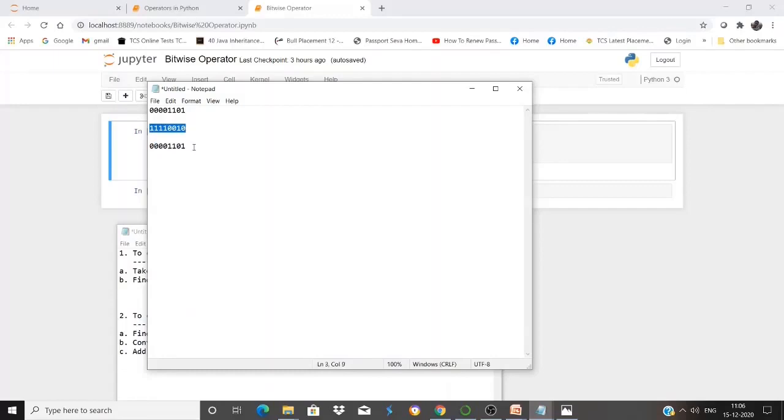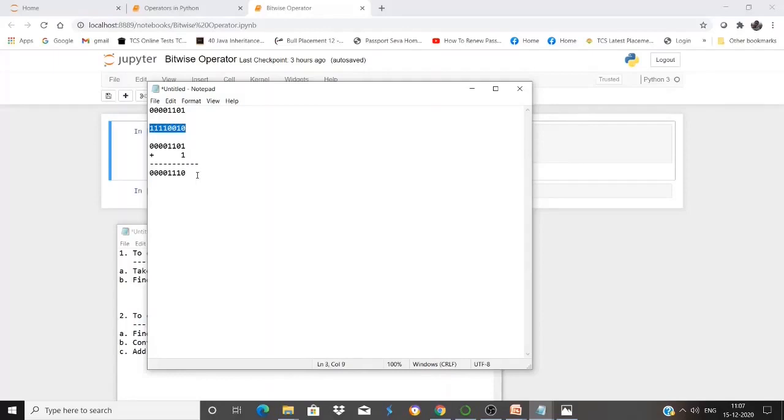Now we will add 1 to this 1's complement, and it will become this. This will be the 2's complement of this number.